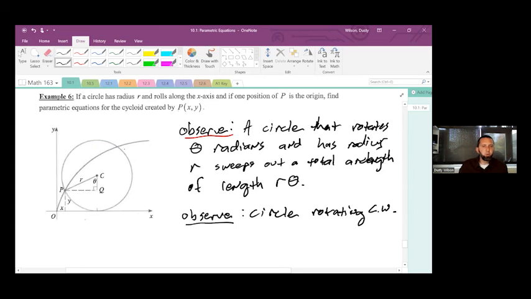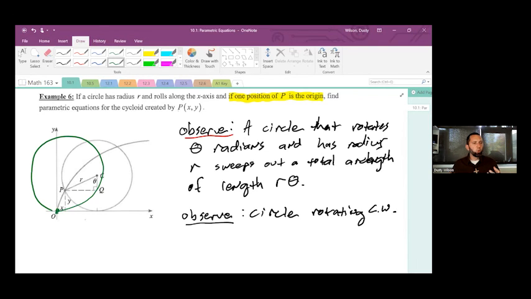The third thing we want to observe has to do with the starting point. So notice that in the problem it says if one position of P is at the origin, that means at some point our circle went through the origin. Okay, and so P, we want at time equals 0, we want to be at the origin, and then we want to travel counterclockwise, or clockwise, I should say.